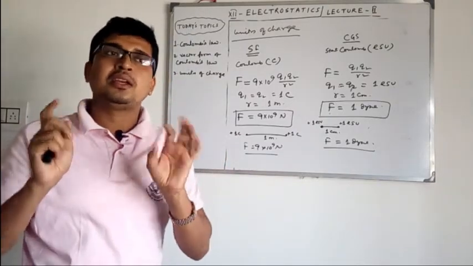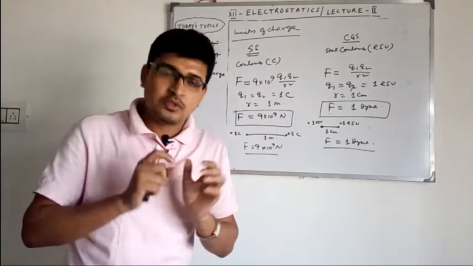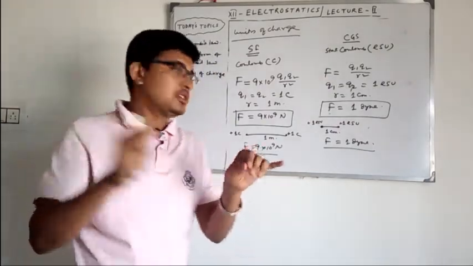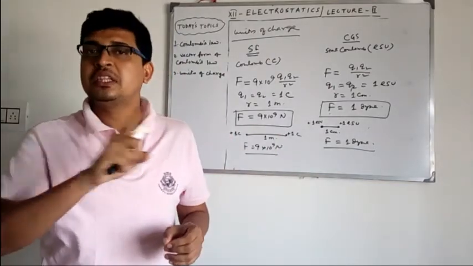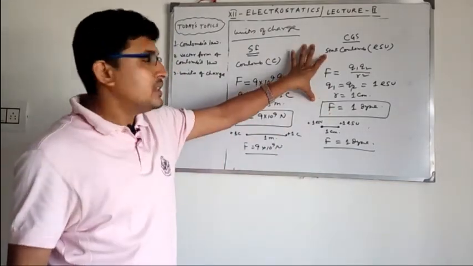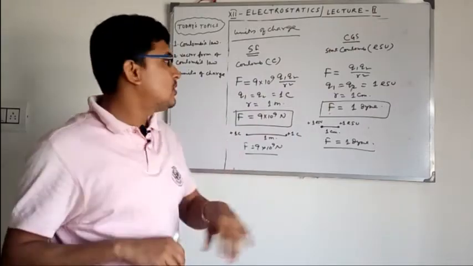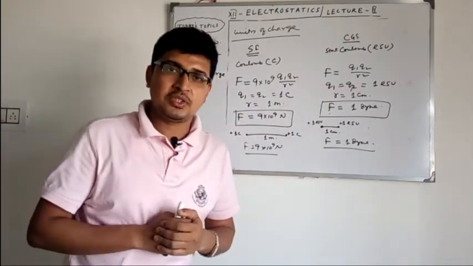In that case, we say both charge particles have a charge of 1 coulomb. So these are the two definitions of 1 ESU or 1 coulomb charge.